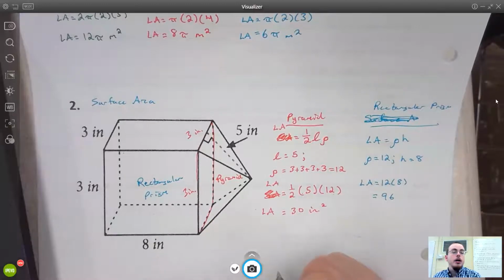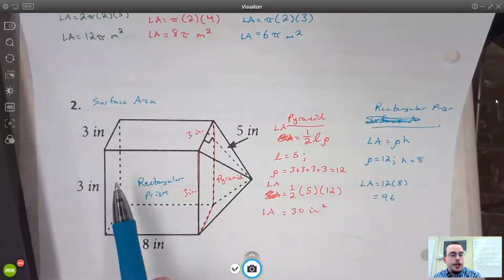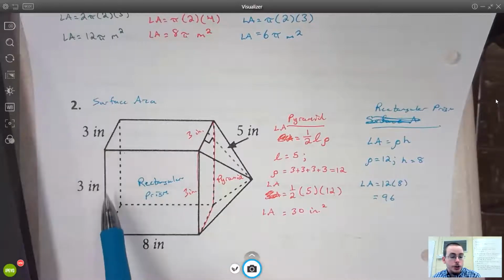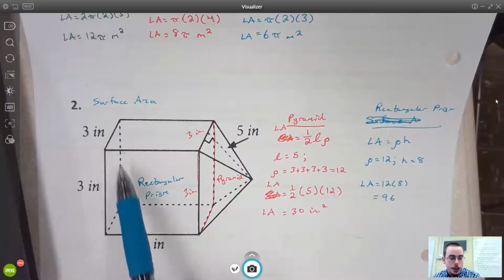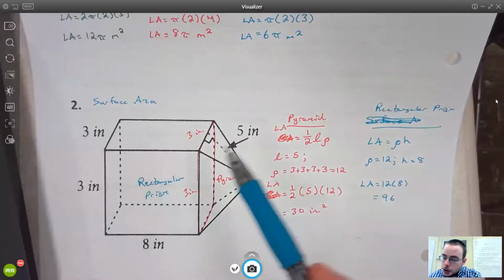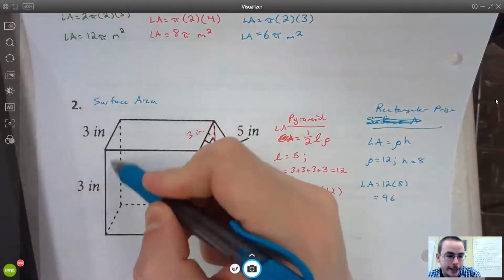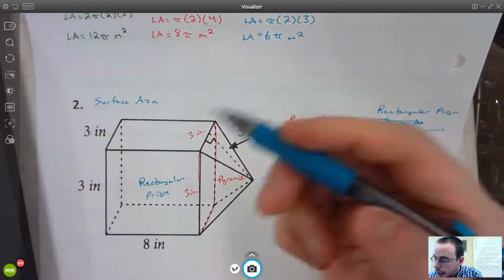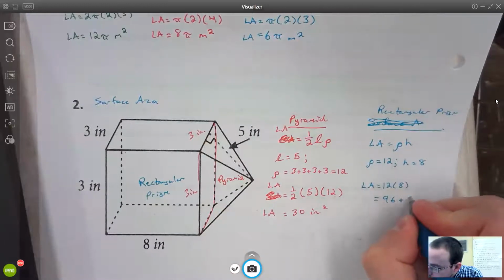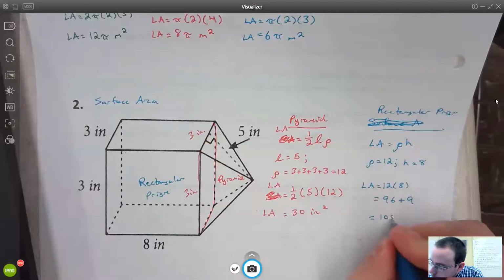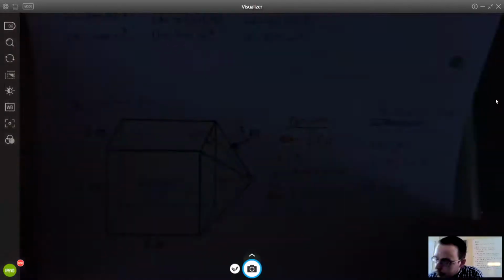However, your surface area is also going to include the area of this base face, because this one's not joined with anything. The area of this face would be 3 times 3, which is 9. So when we take 96 plus 9, we get 105 inches squared.